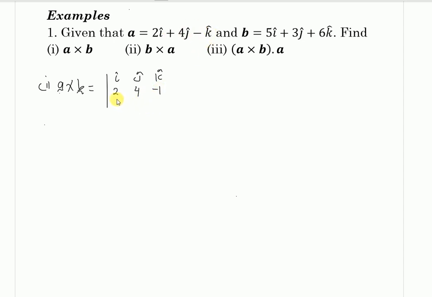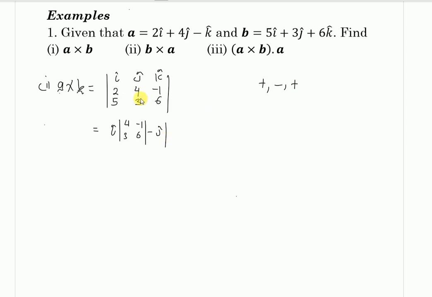Then B has 5, 3, and 6. When I have I, I cancel the first row and the first column, and remain with 4, -1, 3, 6. Subtract J, because the rule should be plus, minus, plus.